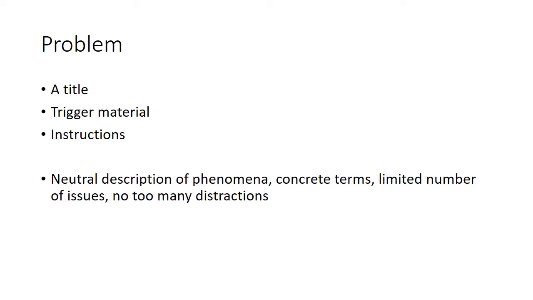No, there should not be any distraction. There should be a complete concrete term with a limited number of issues and a descriptive phenomenon without any distraction about a problem. A patient is not able to stand straight.